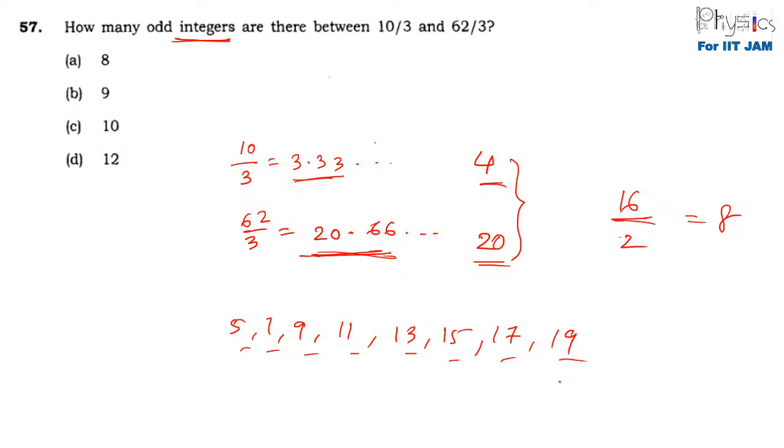So we have 8 odd integers between 4 and 20. So the correct answer is option A, 8. Okay, is it clear? Please tell me, is it clear everyone?